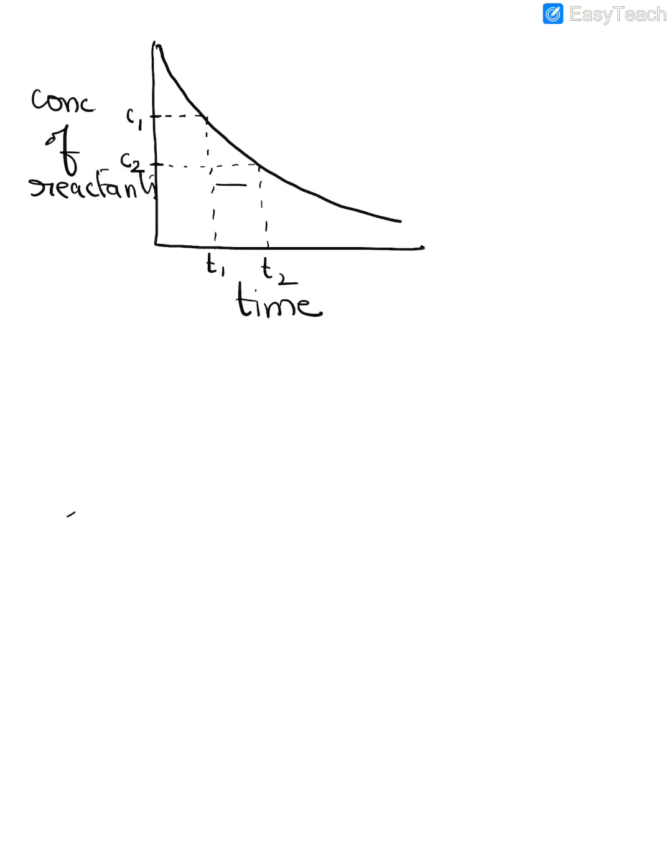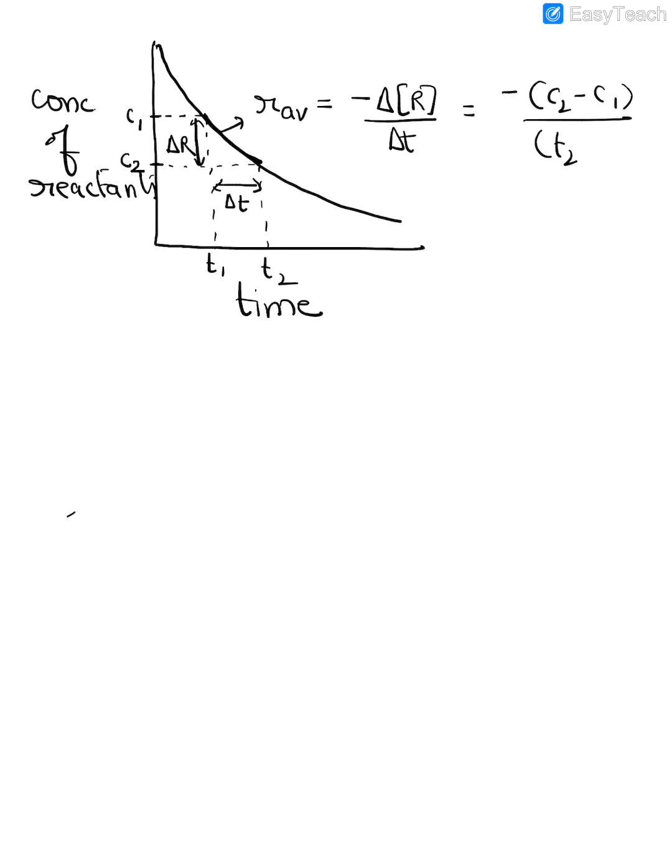The difference of T1, T2 will be delta T. The difference of C1, C2 will be delta R, and this downward slope is the average rate, which is equal to minus delta R upon delta T, which is equal to minus (C2 minus C1) upon (T2 minus T1).